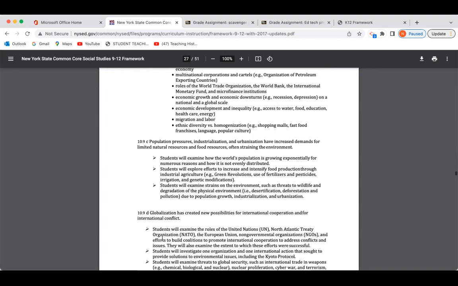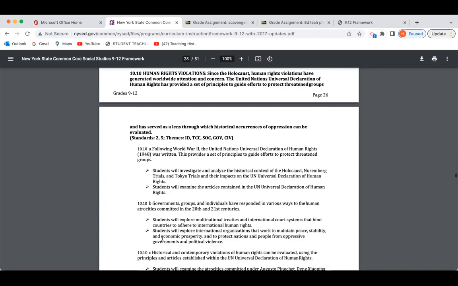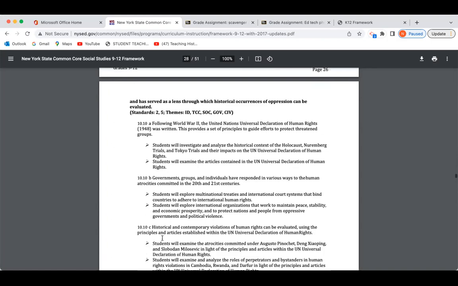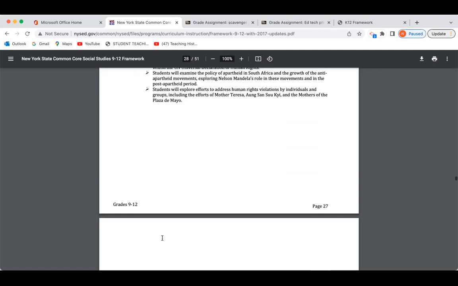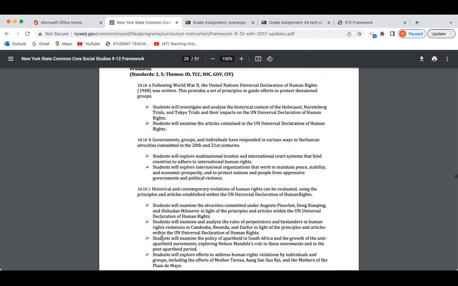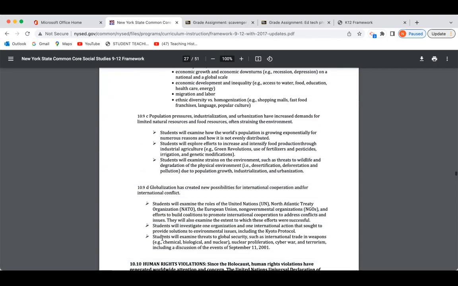You can make that connection. You can talk about the creation of the United Nations, Universal Declaration of Human Rights is something you could do. So you could see that even in the global framework, you can find examples that you could use in your History Day projects.